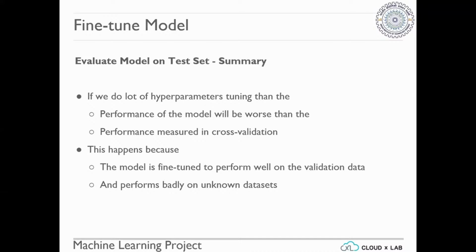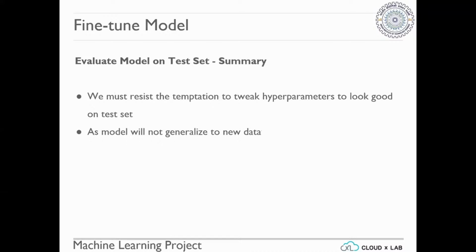Otherwise, if you do lots of hyperparameter tuning, you may get a model that only works well for the validation set and not for the test set. Finally, what we want is for the model to perform well at test time, on future data, for which we are building this model.